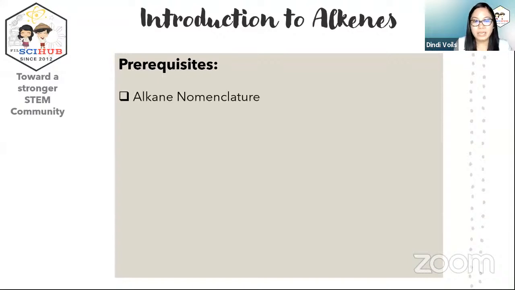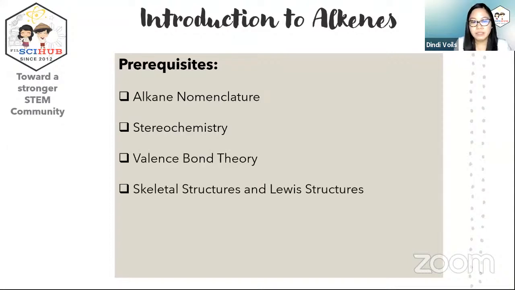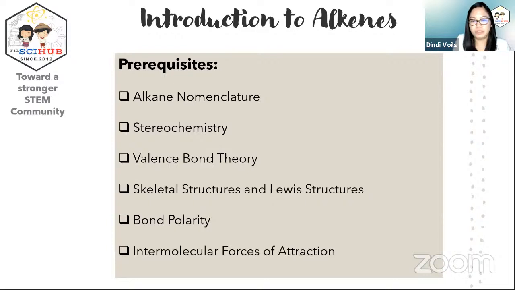First, alkane nomenclature, stereochemistry, valence bond theory, skeletal structures and Lewis structures, bond polarity, and intermolecular forces of attraction. We will mention a little bit of these concepts in the lecture, but we will not be going in depth on each concept. Filipino Science Hub has videos on alkene nomenclature and stereochemistry, as well as skeletal structures and Lewis structures. The rest we could probably post in the future, but there are many resources out there for you to learn and review these concepts.